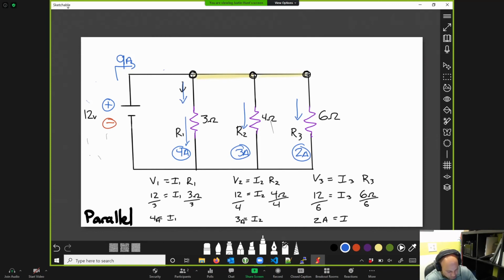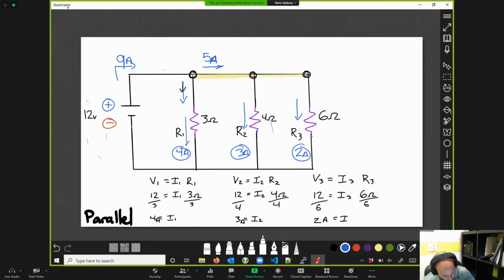We know that there's 4 amps coming down this particular path, which means if the amount of current leaving a junction has to be equal to the amount coming into a junction, we can assume that 5 amps of current are carrying on. 4 is shunting down this way through this path across R1, and that leaves 5 amps left to go around the circuit. So let's take a look at this a little further.